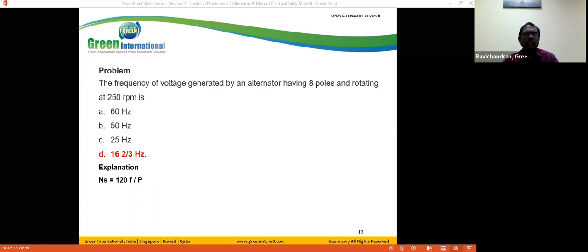The frequency of the voltage generated by an alternator having 8 poles and rotating at 250 RPM is: so they ask for the frequency. We have the formula Ns equals 120f by P. This is the general formula, and here they ask for the frequency.